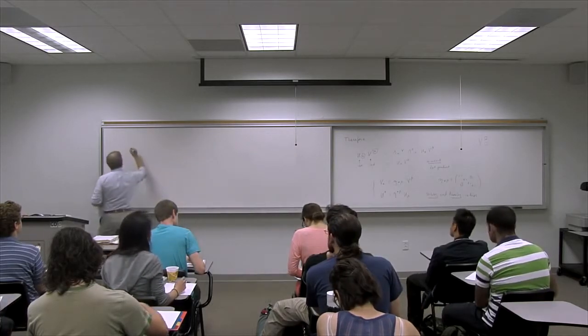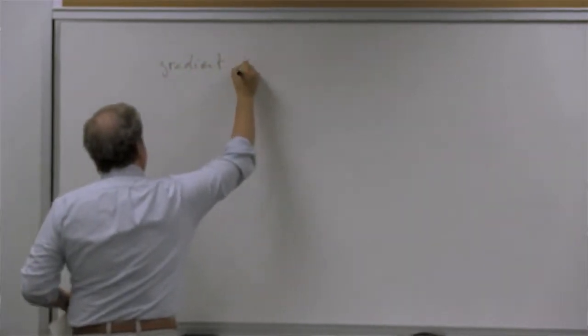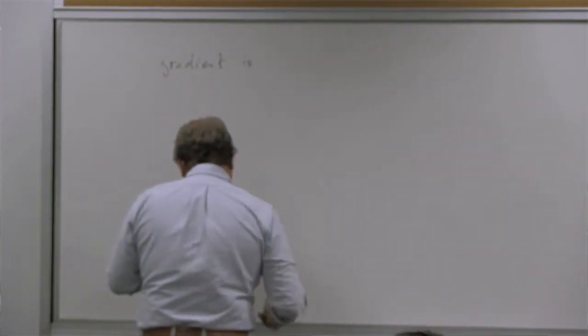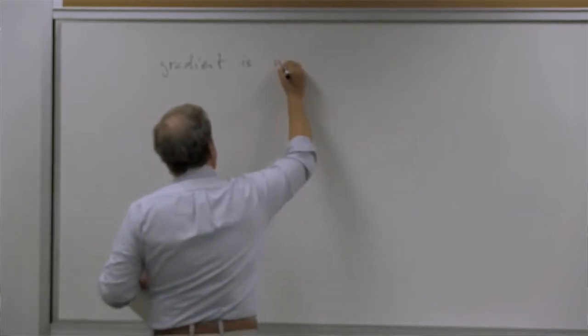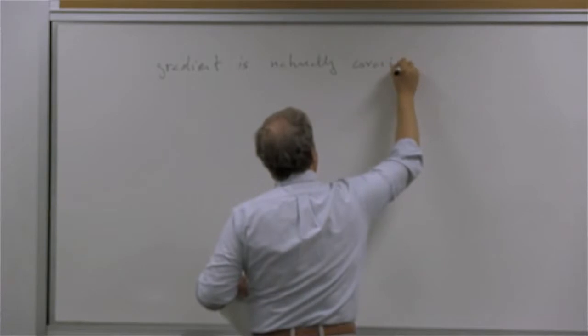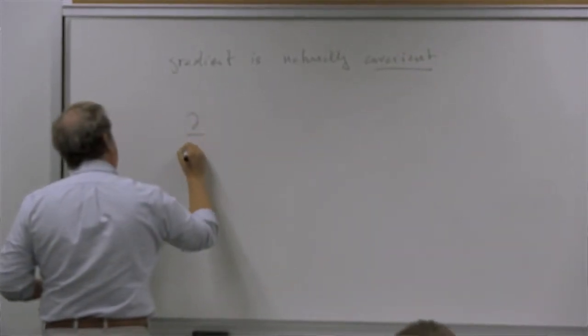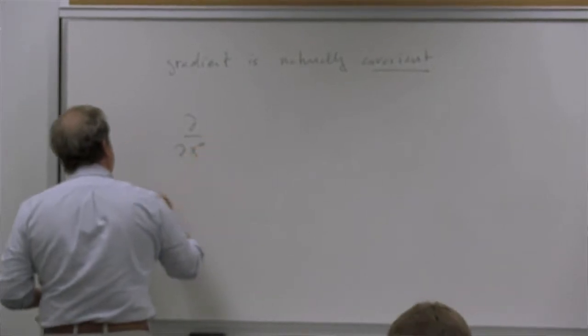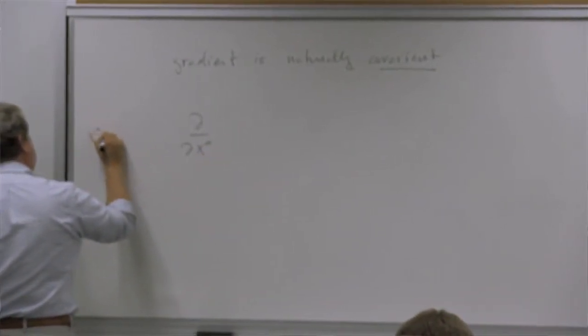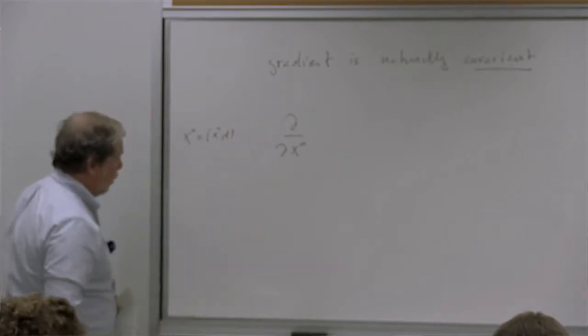So we have the gradient, and the gradient is naturally covariant. Covariant because if we take d by dx alpha, now remember, when you have the index up, this is x and t, right? So it's a natural object.